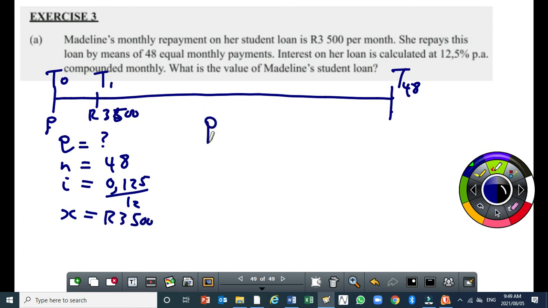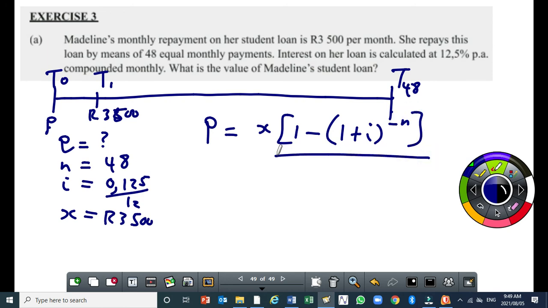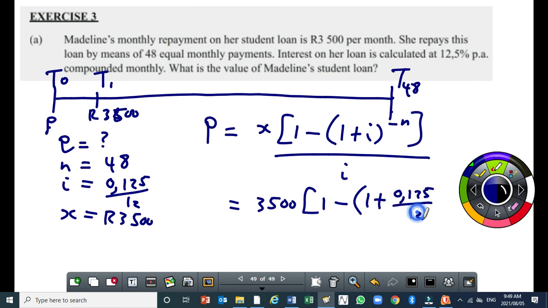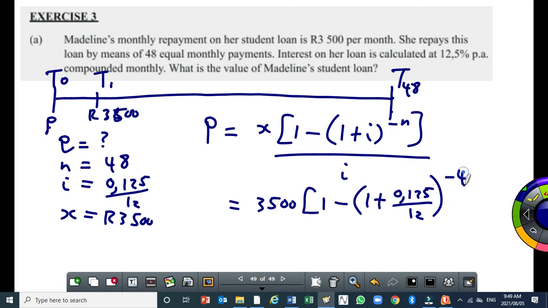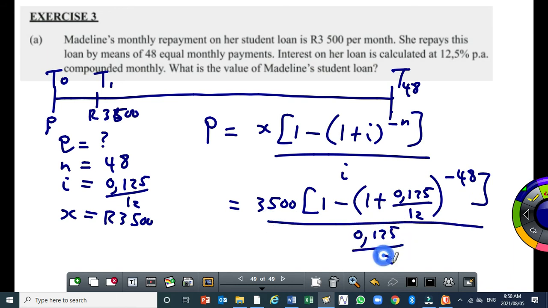So the formula that we use is P equals X times 1 minus 1 plus I raised to the power of minus N, all over I. So this will give us 3,500 times 1 minus 1 plus 0.125 over 12, all raised to the power of minus 48, and then we divide that by 0.125 over 12.